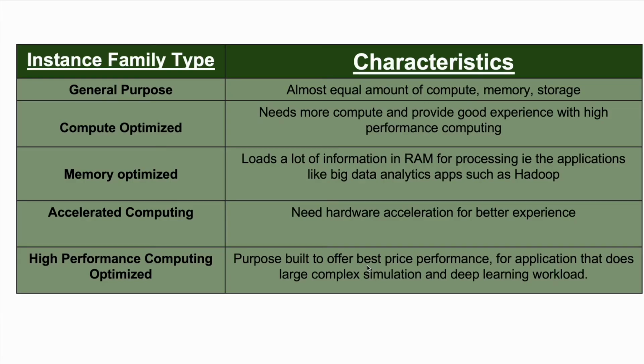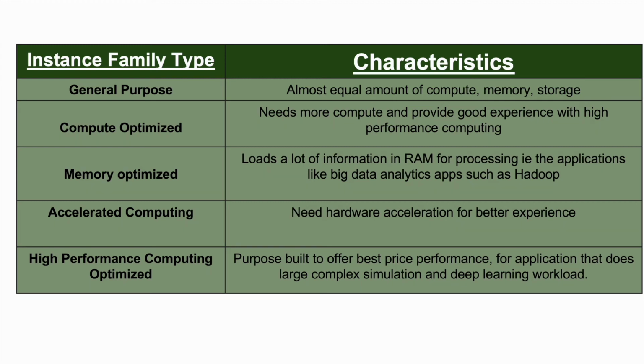So in summary, these are the major instance family types. One is general purpose. If you have equal weightage for your CPU, RAM and storage, then general purpose is the one you should use. Compute optimized is wherever your application is going to use intense compute resources. If your application is loading a lot of data in the RAM, random access memory, for processing, then memory optimized.